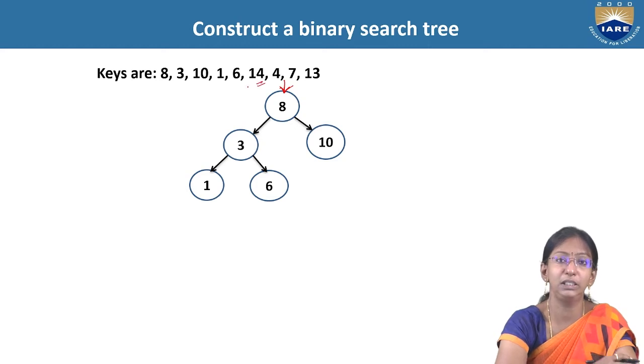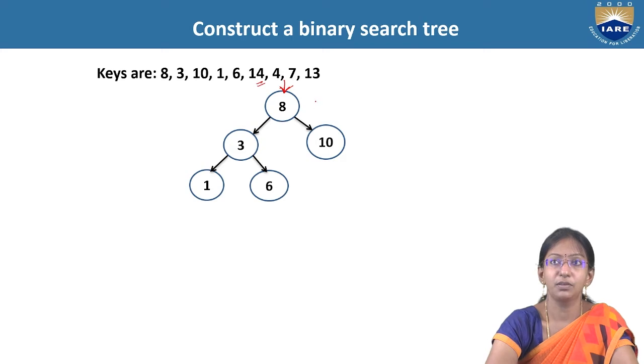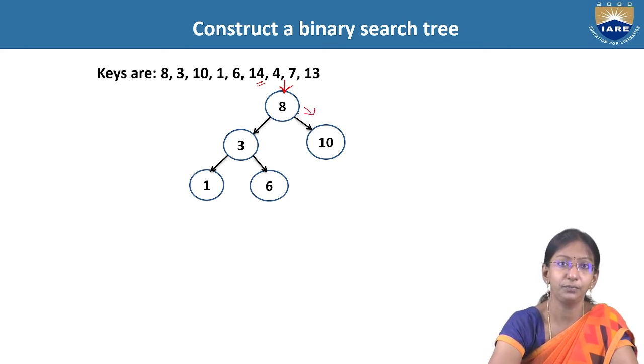So 6 becomes the right element of 3. Next comes 14. Let's start the same process. Start with the root node. As 14 is greater than the root node, travel towards right. Do you have an empty space there? No. 10 is there. Compare it with the element which is in your hands.